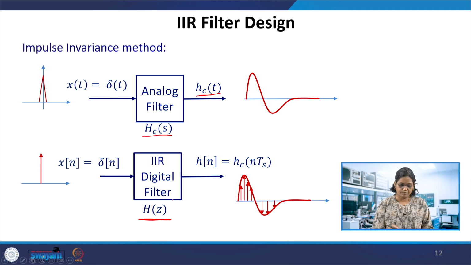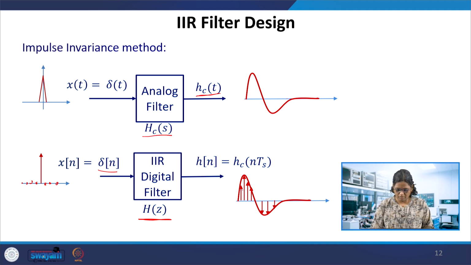How these two are related is: if you give x(n), the discrete version of x(t), which is delta(n), the impulse input, with the other points being 0, the output we get is h(n), the impulse response, which is the sampled version of the continuous time impulse response of the analog filter.